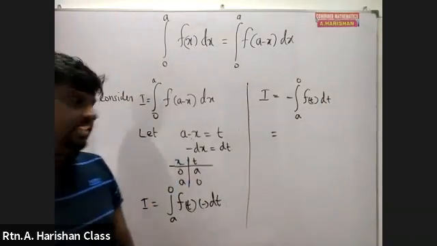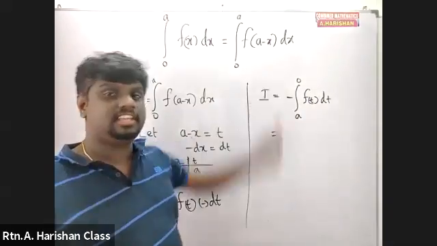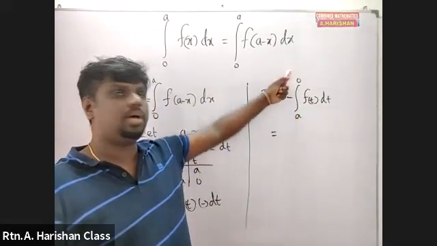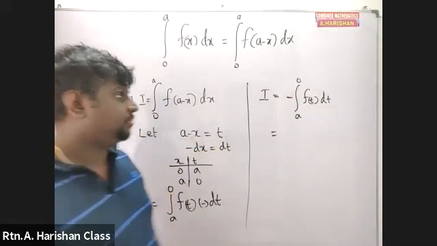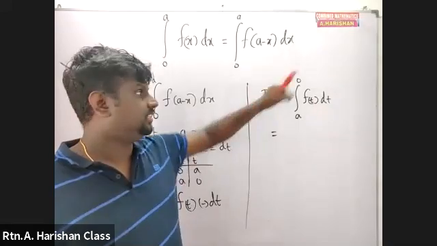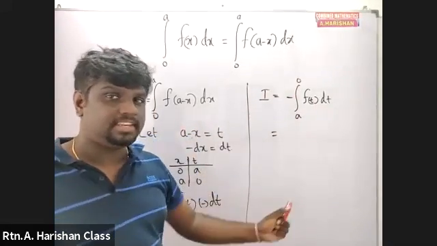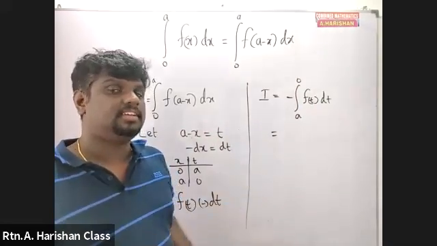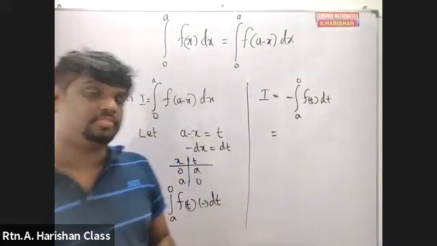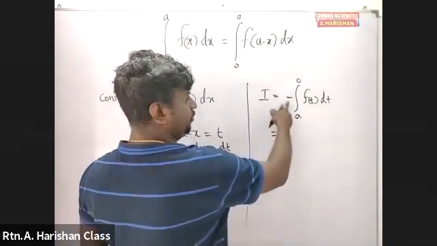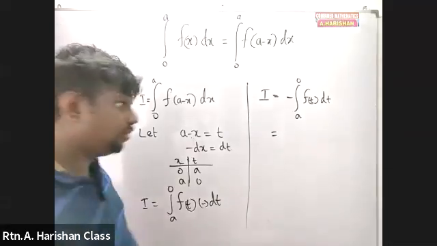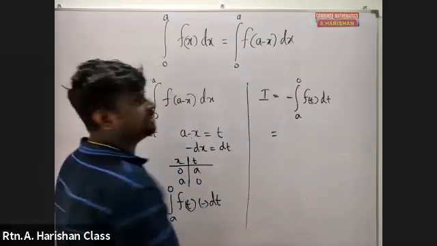So there is an interesting thing. The minus will change the limits. So this will go up and this will come down. Why? Because normally you put this and subtract this, no? F of a minus f of b. If the minus is there in front of that, it is going to be f of b minus f of a. So that's right. So if you want to omit the minus, you have to change the limit.